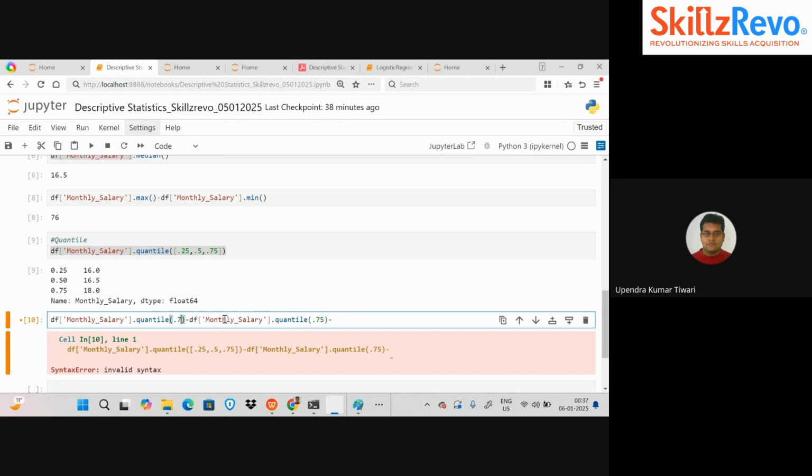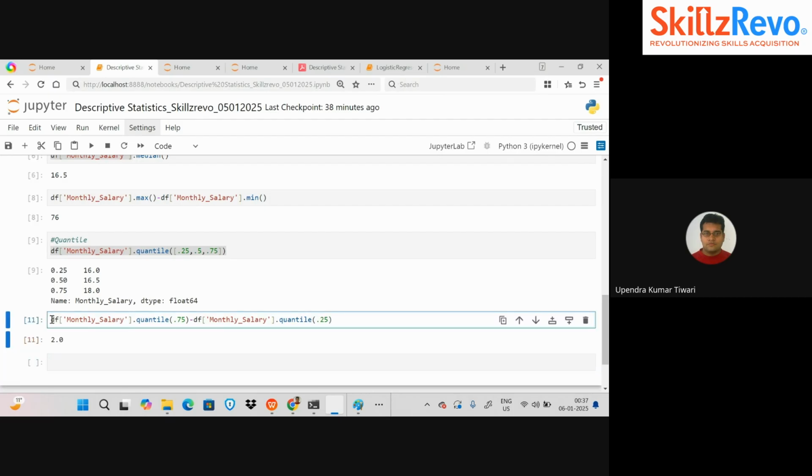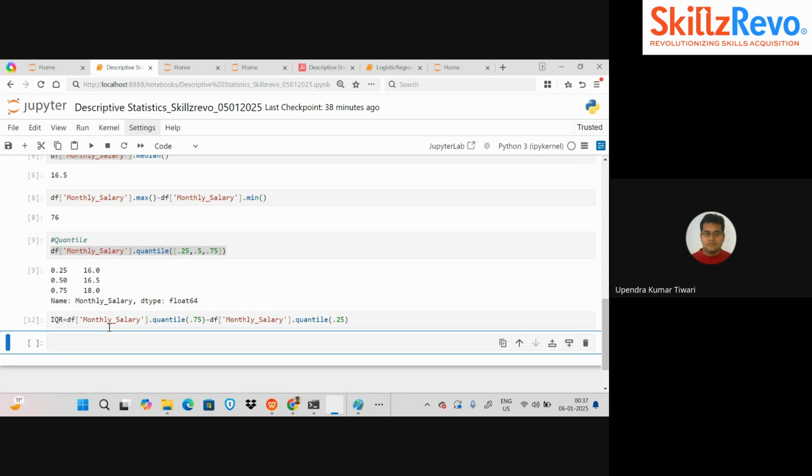I made a mistake. 0.75 minus 0.25. So this is the interquartile range. Dear friends, this IQR is really very crucial if you want to find out the outlier.